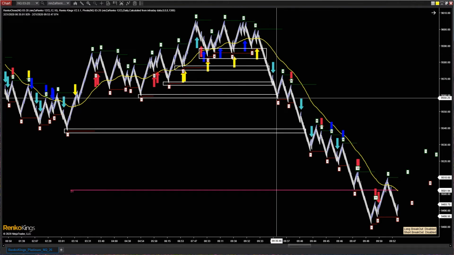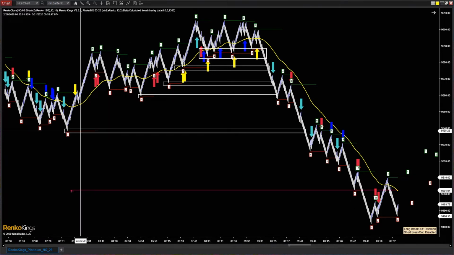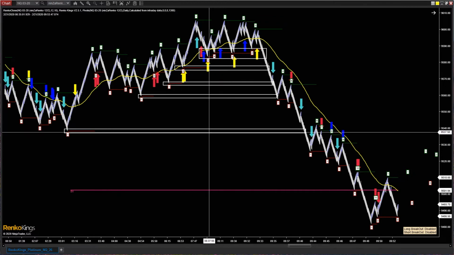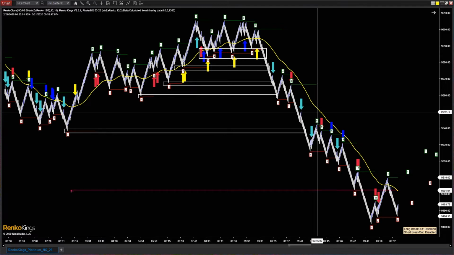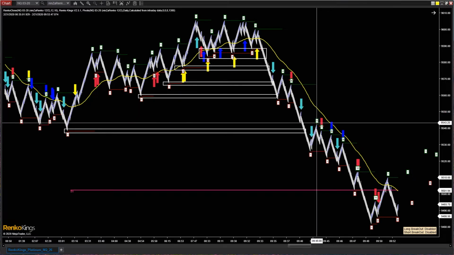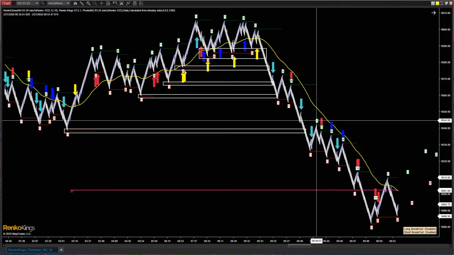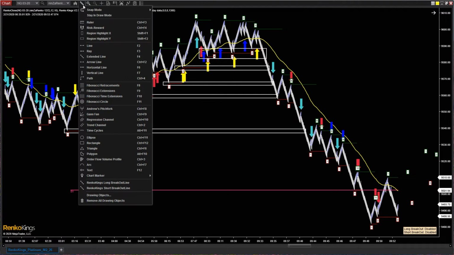But if you waited and you drew your box down here, some of you are showing me that you took an entry right here. Well, there is no entry candle there. There is no entry signal right there.